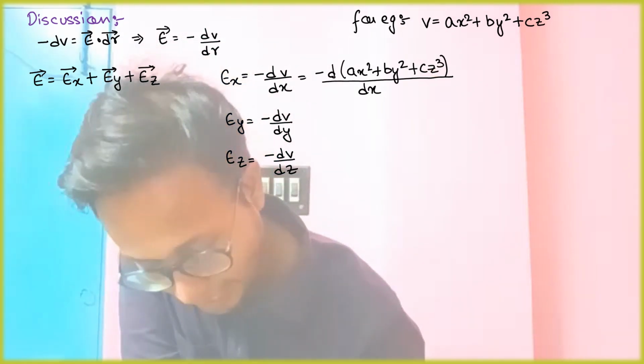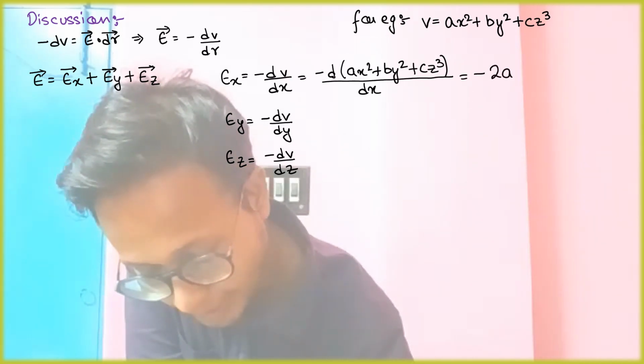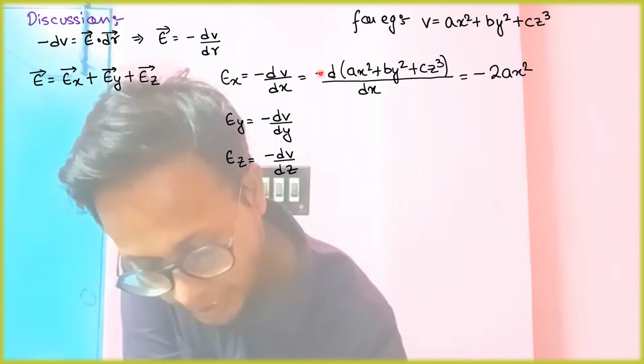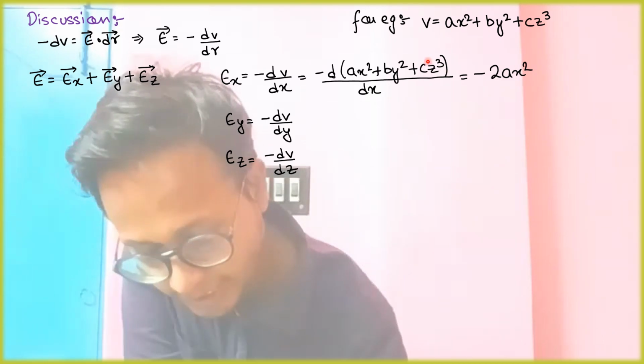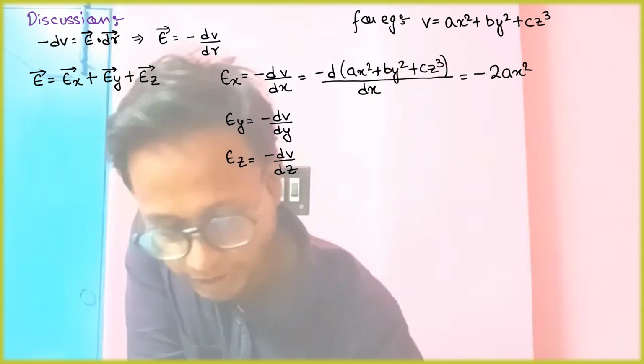So our answer would be Ex is nothing but minus 2ax. Differentiation of ax² is nothing but 2ax, and the minus came from here. by² is entirely constant, cz³ is entirely constant. Any other variable other than x is treated as constant.